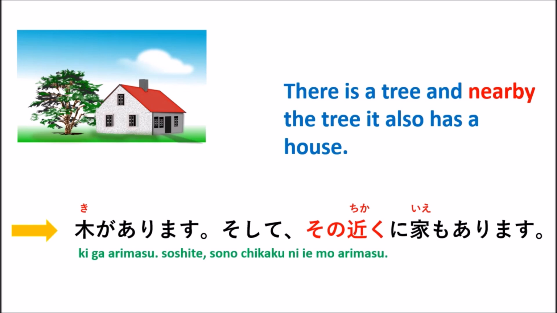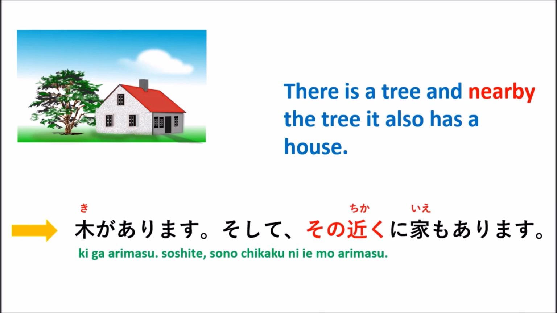Ie mo arimasu, arimasu means has or have, or you can say there is or there are, right? So here they say ie mo arimasu, meaning it also has a house.